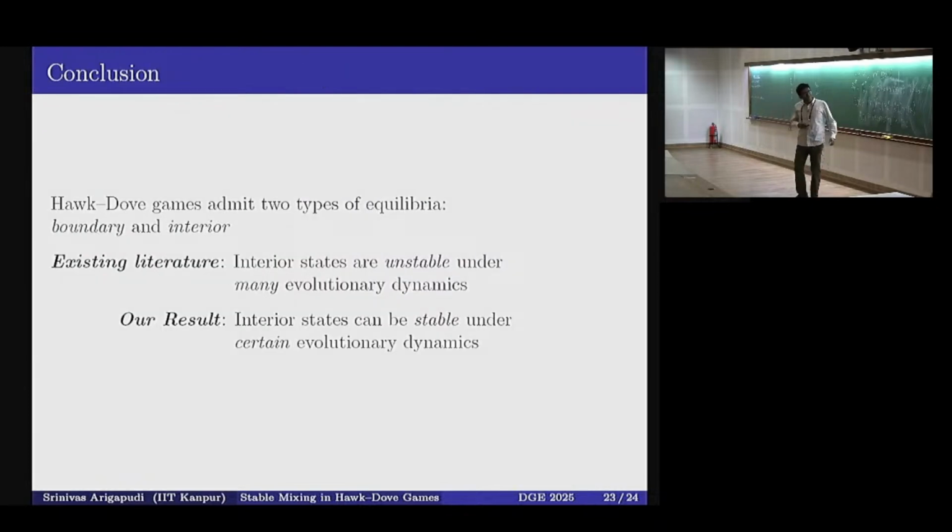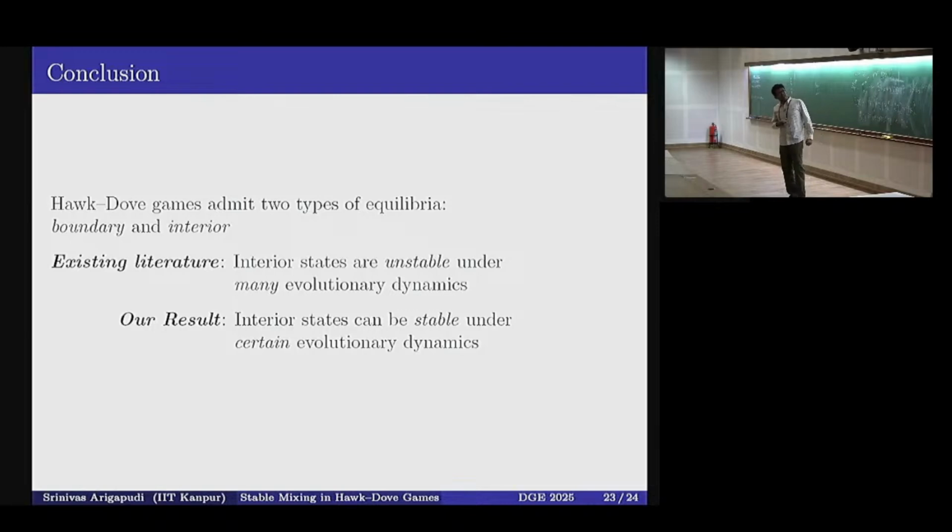I guess this is my concluding slide. Just to sum it up, what we study is the class of Hogdorf games in the two population setting. What we show is that interior states can be stable under certain evolutionary dynamics which are based on sampling. In particular, we consider something called the best experience payoff dynamic, and we show that something in the interior can be stable.